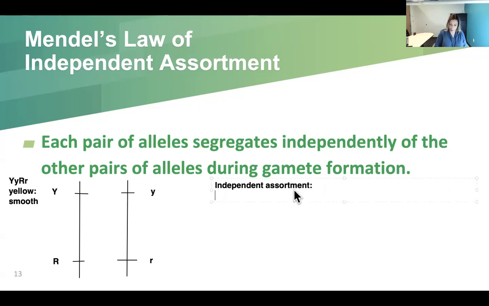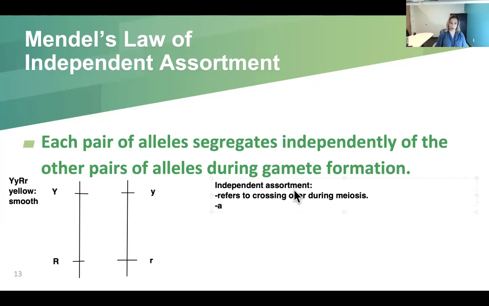So it refers to crossing over during meiosis. I want you to think a second and try to remember during which stage of meiosis do you have crossing over. I'm not going to tell you the answer. If you don't know, go back to the other presentation and look at the PowerPoint.